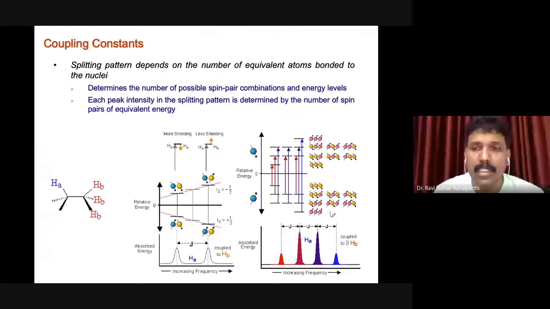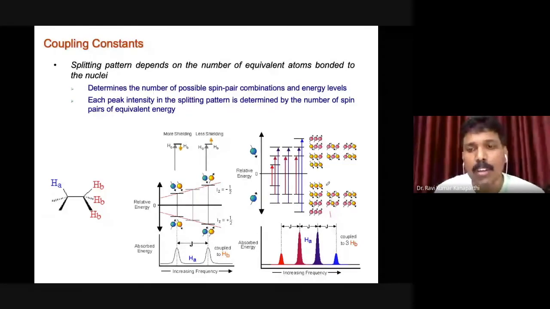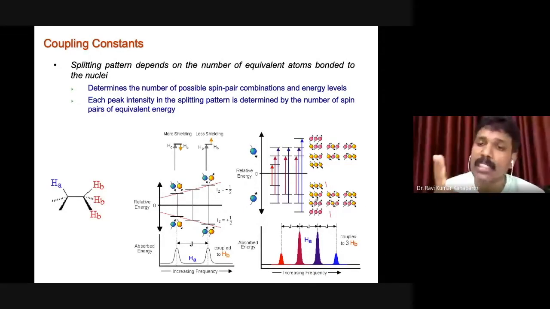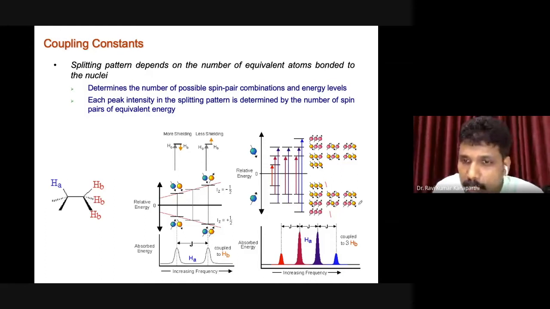Beta beta beta, only one possible. What about the others? There are three degenerate states, where two nuclei are pointing upward while the other one is pointing down. So that is that configuration.